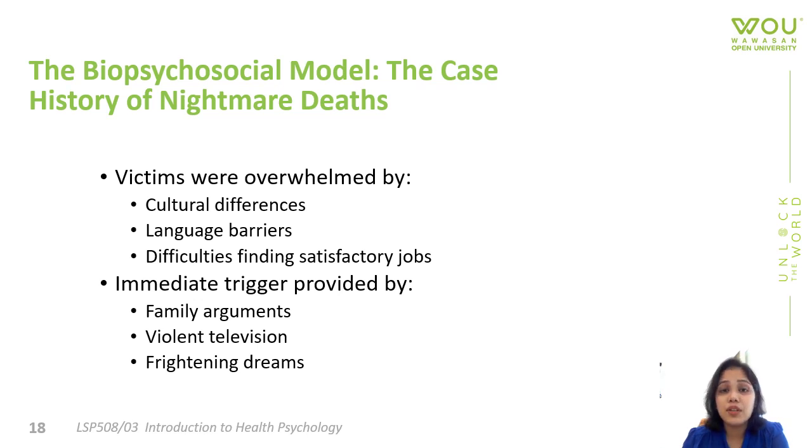So this definitely increased stress in these victims, and they found that perhaps this could be the reason why these nocturnal deaths occur. Now, immediate triggers can also be violence or even family arguments or issues, even frightening dreams. These can be immediate triggers of the nocturnal deaths.